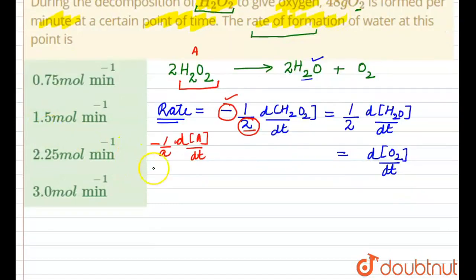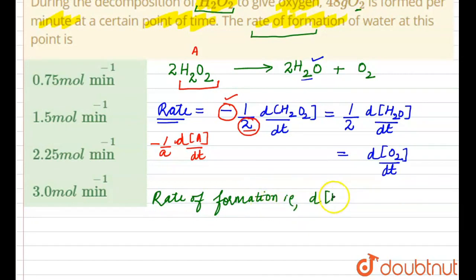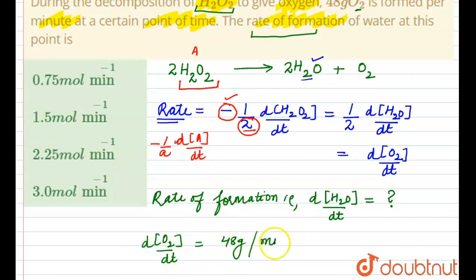So the rate of formation, or appearance, of oxygen, d of O2 divided by dt, is given as 48 gram per minute.